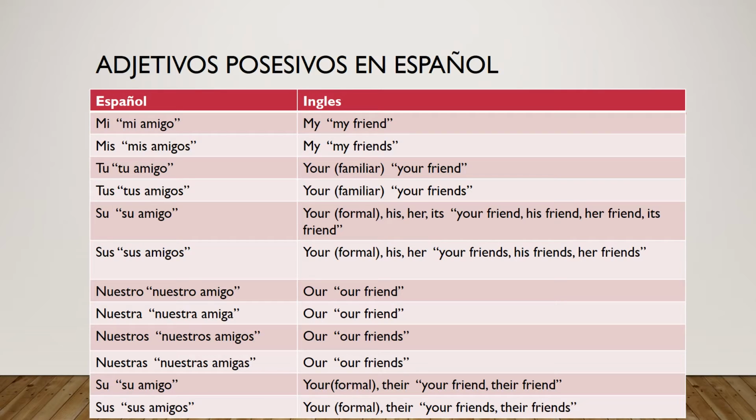Su amigo is for the plural of you, or if you wanted to say their friends. So for your friends or their friends, you would say su amigo. And for sus amigos, you could say your friends or their friends if it is plural, if the word amigos is plural.